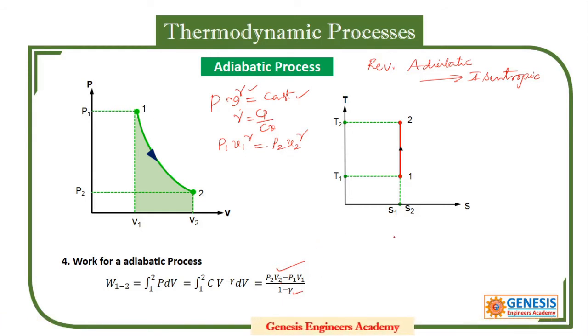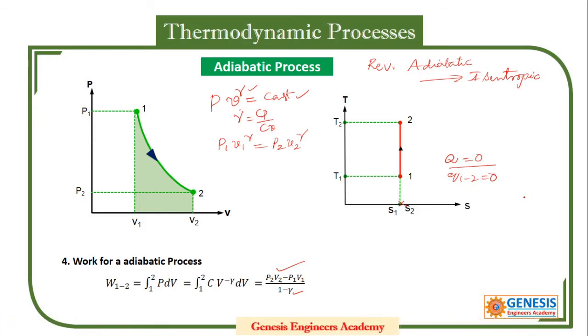So the area under any process on the PV diagram gives us work done. And on the TS diagram, there is no heat transfer, that is there is no area, so heat transfer in this case is 0. Now I can say like this, 0, since there is no area.